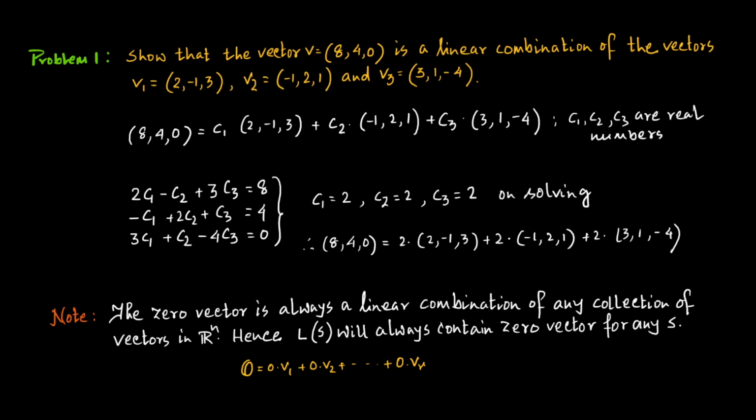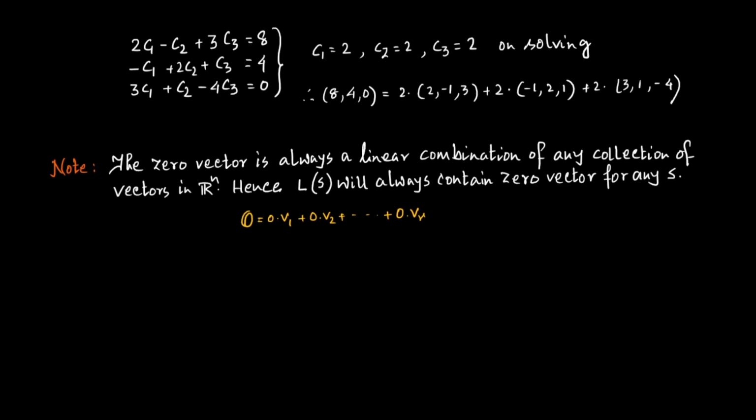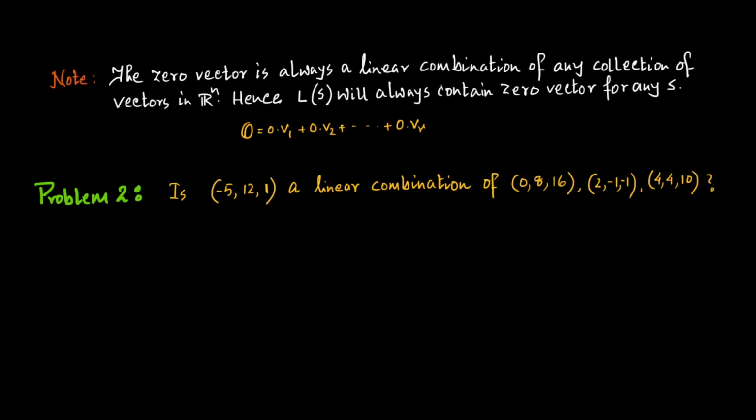So now let us solve one more problem, but slightly different in nature. Is (-5, 12, 1) a linear combination of these three vectors (0, 8, 16), (2, -1, -1), and (4, 4, 10)?